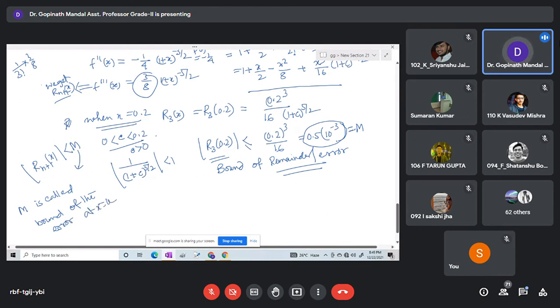So here this value 0.5 into 10 to the power minus 3 is the bound of error at x equal to 0.2.